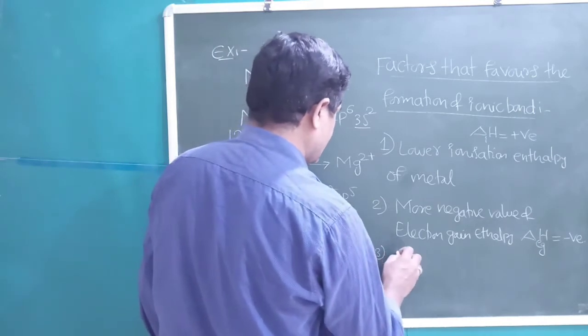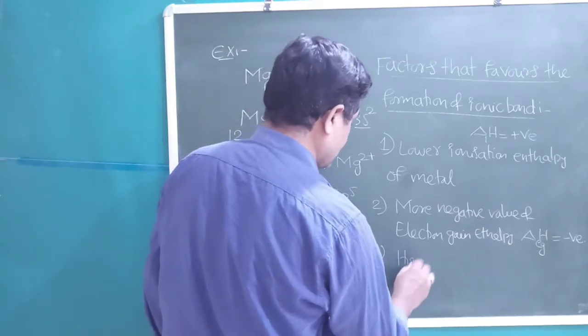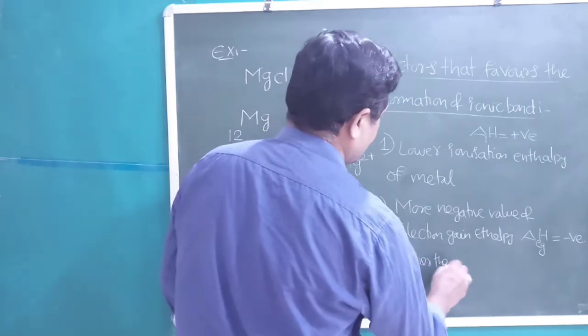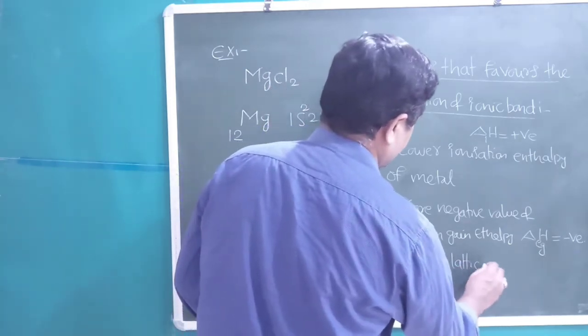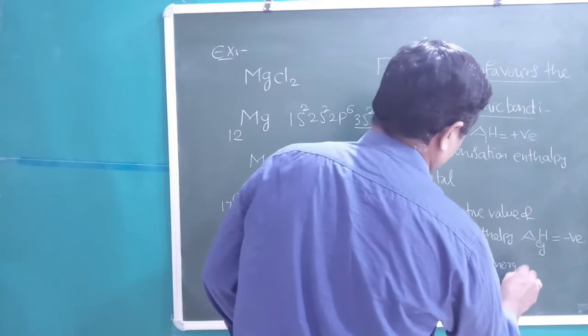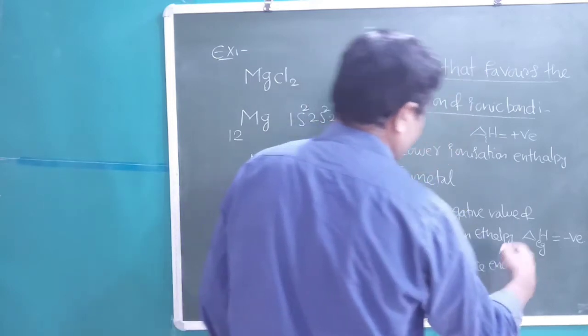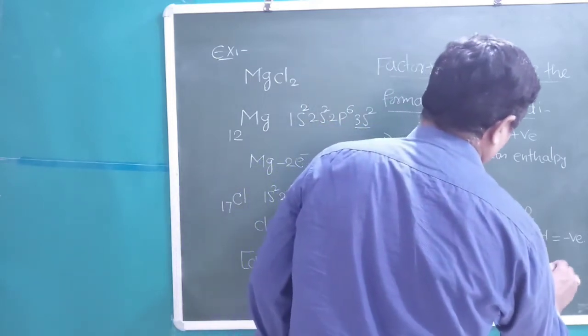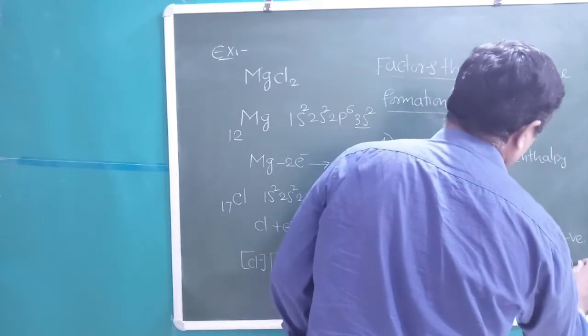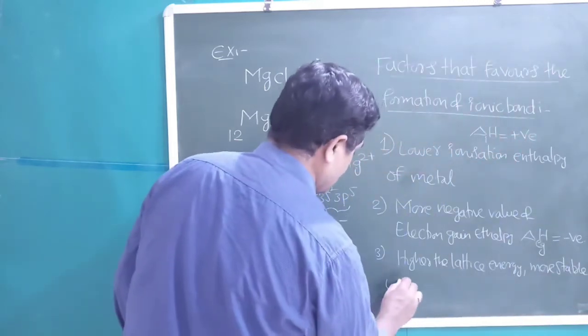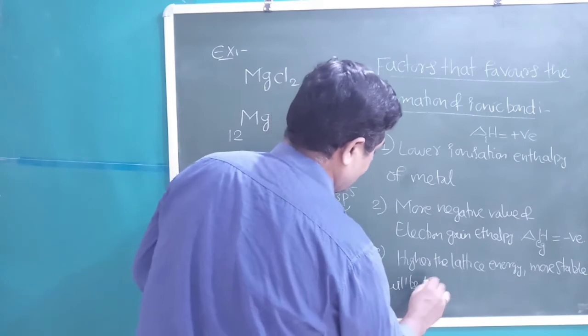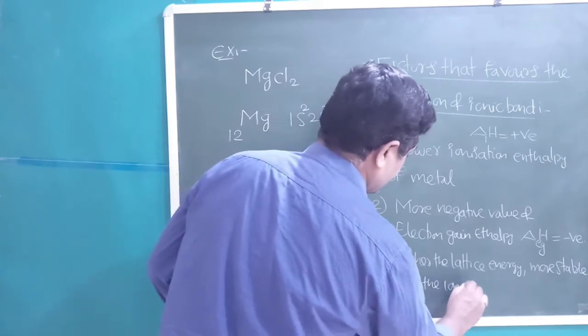And lattice enthalpy: the higher the lattice energy or enthalpy, the more stable will be the ionic compound.